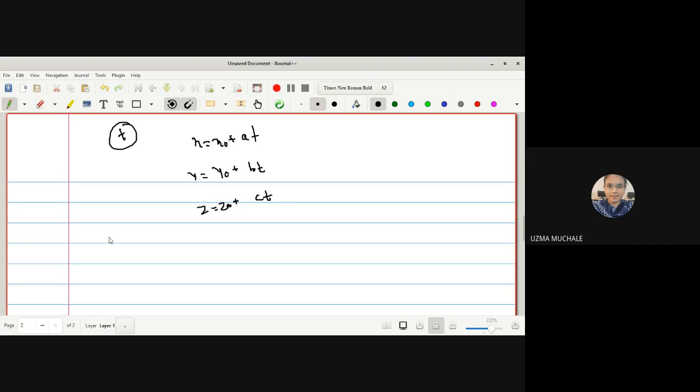And what is the symmetric equation of a line? We have to write this with the help of the parametric equation of a line. x minus x naught upon a is equal to y minus y naught upon b is equal to z minus z naught upon c. With the help of a parameter t we have written it, so that's why it is called a parametric equation of a line, and it is called alpha 1 of t, alpha 2 of t and alpha 3 of t.